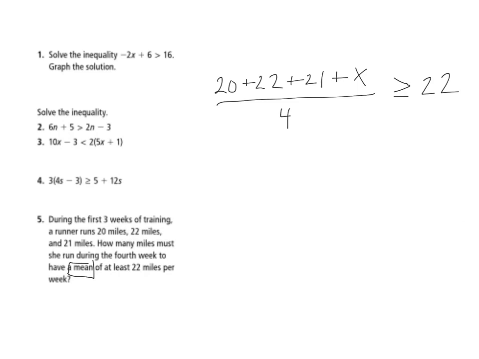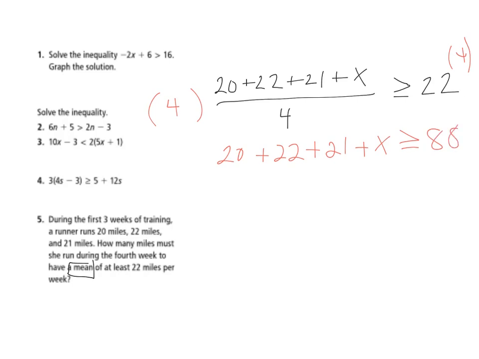To go about solving this, we're going to start by doing the inverse of dividing by 4. The inverse of dividing by 4 is multiplying by 4. So we're going to multiply by 4 on both sides. That's going to give me 20 plus 22 plus 21 plus x is greater than or equal to 88.